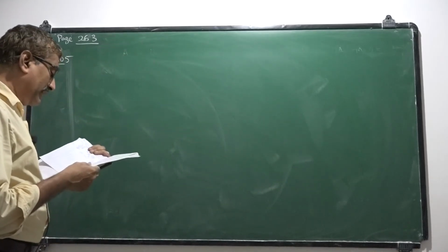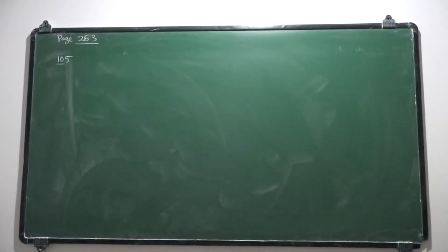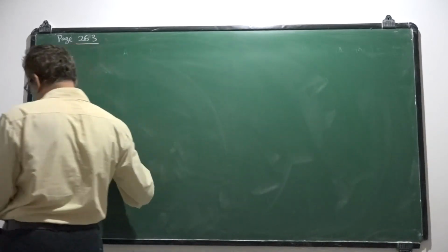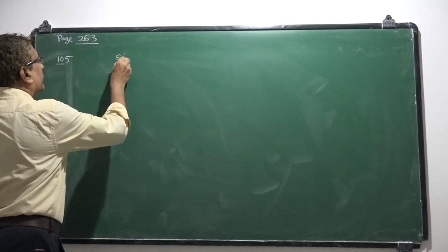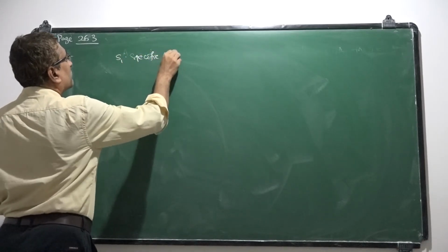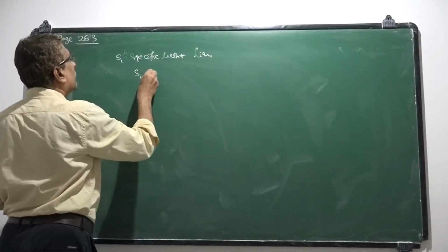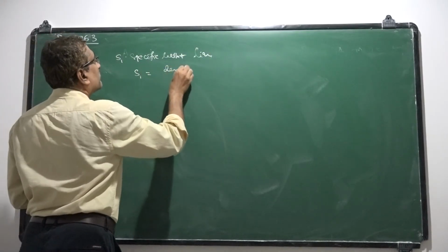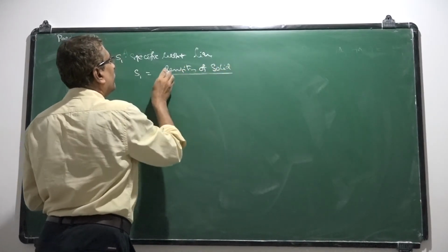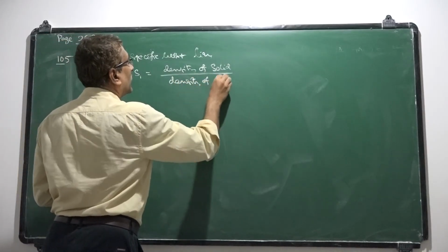Given S1 is the specific gravity with respect to liquid. That means S1 equals density of solid by density of liquid.